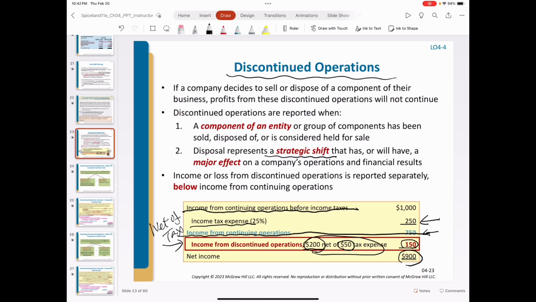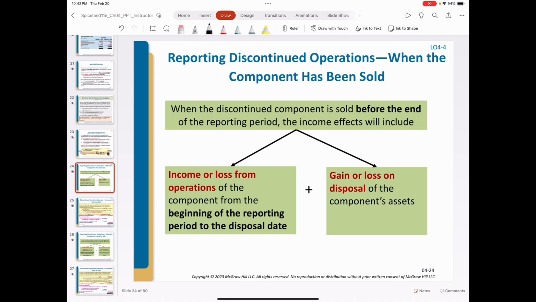So the accounting treatment for discontinued operation in the income statement depends on whether the component has been sold or disposed of, or it's just considered held for sale. Accounting treatment is a little bit different for these two scenarios. First, if the component has been sold, we are going to report the income or losses from operations of these components that have been sold.